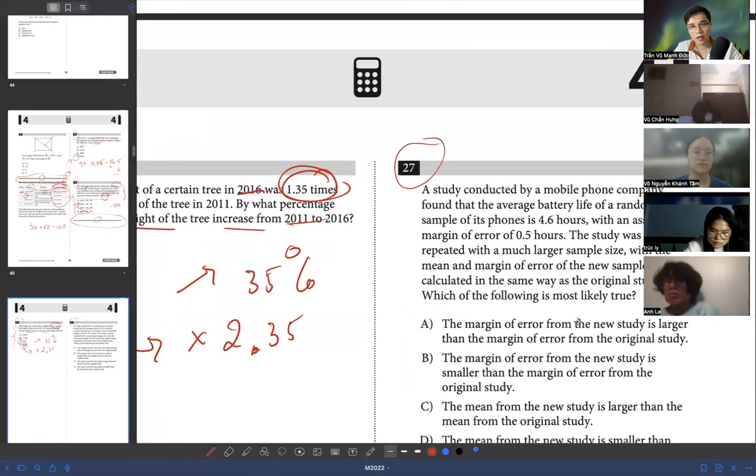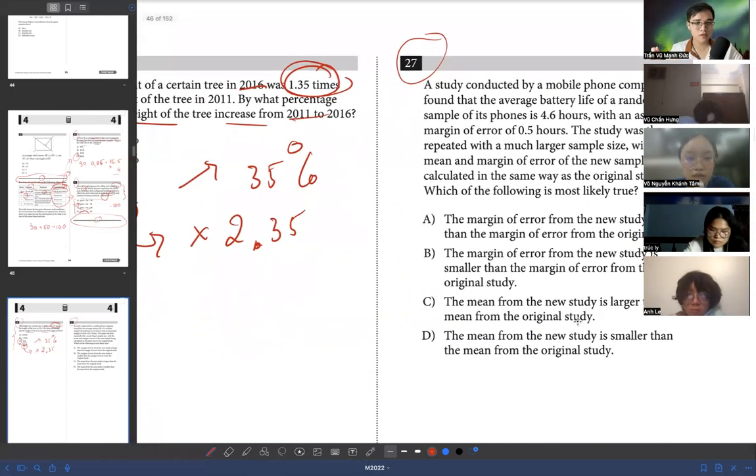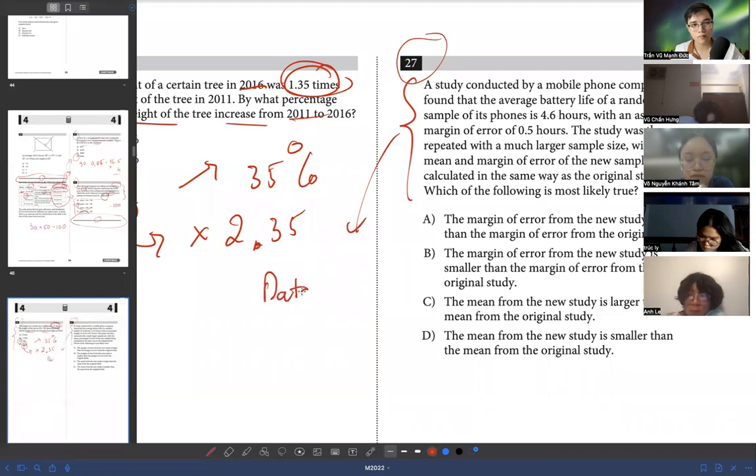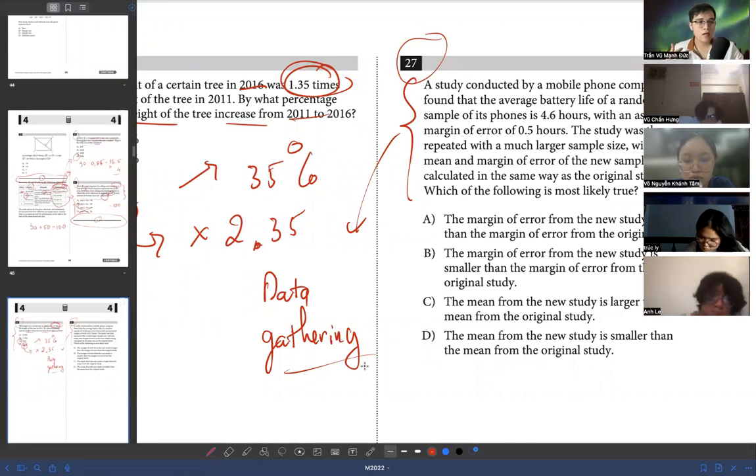27 is something I would want you to pay close attention to. 27 is about data gathering. And about data gathering, there are errors.